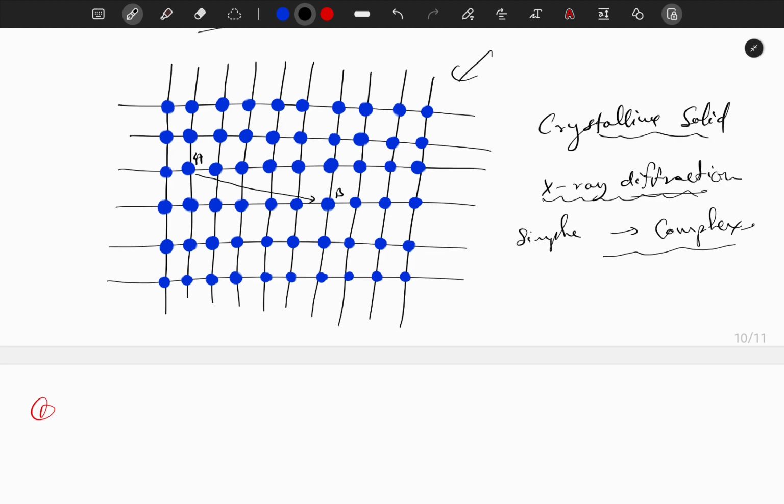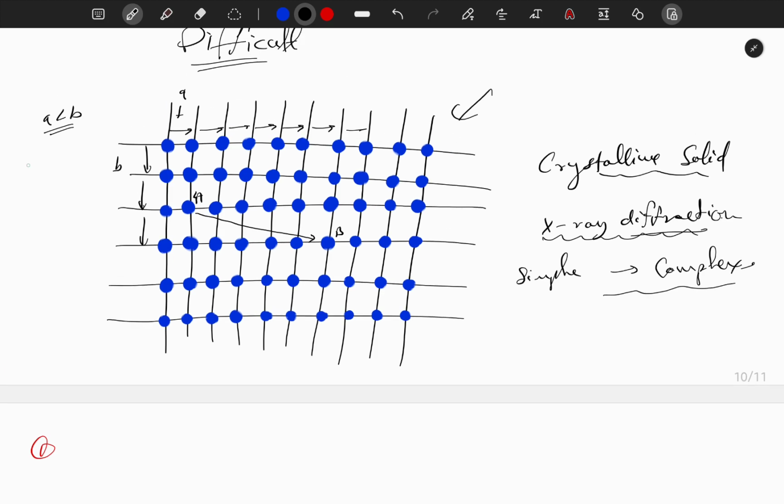For example, if this is a smaller bond length and this is a larger bond length in this direction, say this is A and this is B, and A is smaller than B, then it means that A is a stronger bond, because the atoms are close to each other, while the other atoms are farther apart.